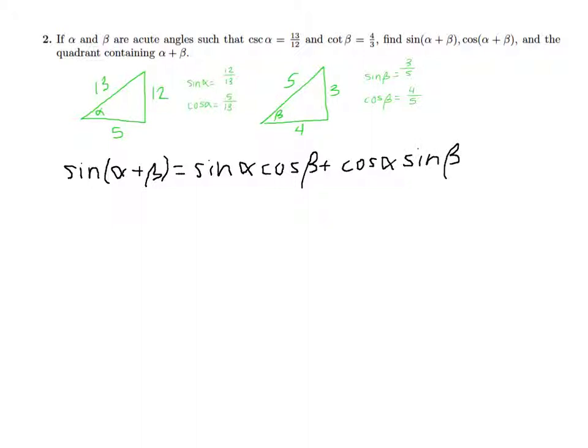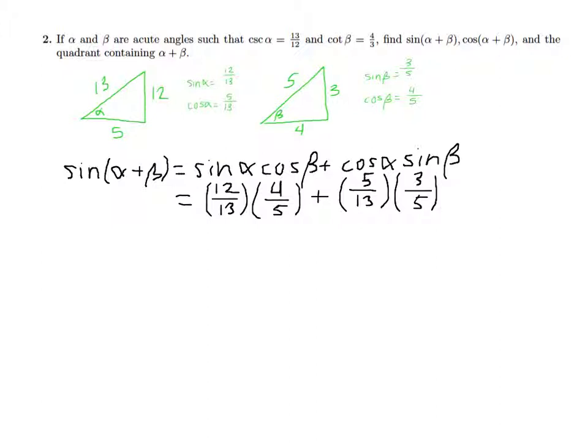All we need to do is plug in, so we know sine of alpha is 12 over 13, cosine of beta is 4/5, plus cosine of alpha is 5/13, and sine of beta is 3/5. So let's simplify. We know that these 5's will cancel, and when you multiply across and add the fractions, you get 63 over 65.